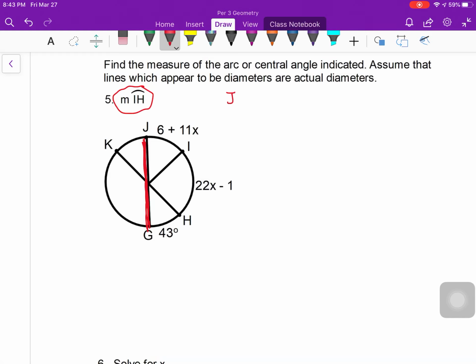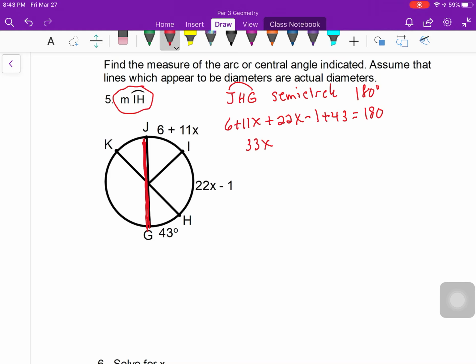Since that's a diameter, I know the arc JHG is a semicircle, which means 180 degrees. So if I was to add the 6 plus 11x to the 22x minus 1 to the 43, altogether they would have to equal 180 degrees.